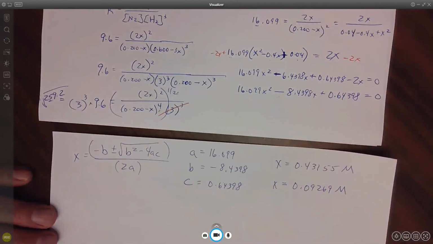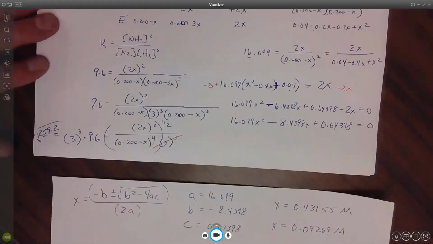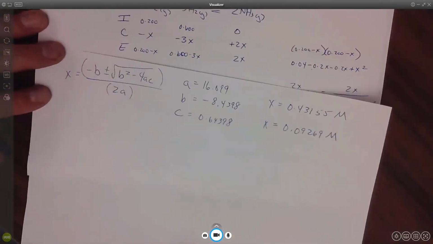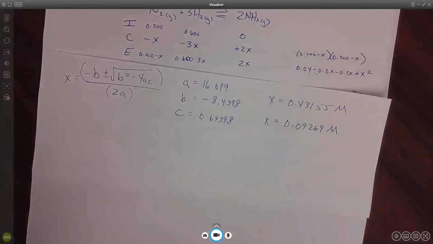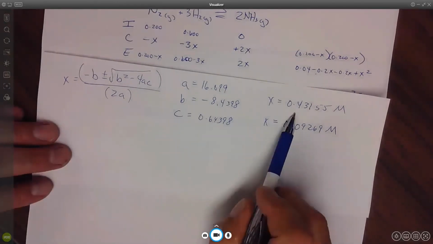The other one is going to be bad. So which value is going to work and which one's going to be bad? The one that's going to work is going to be the 0.09269. Why won't this one work?